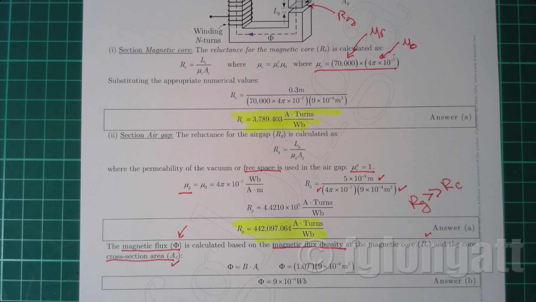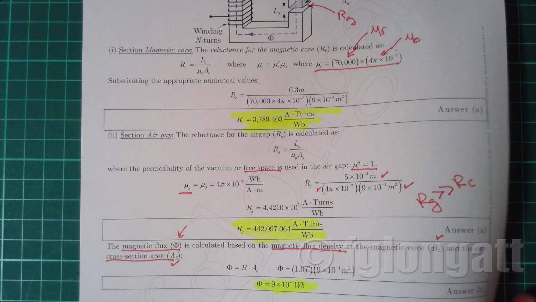So to calculate the magnetic flux, we basically use this relationship: the flux is equal to the magnitude of the magnetic flux density multiplied by the cross-section area. And when we put the numbers together, we have the numerical result, 9 exponent minus 4, and that is the Webers inside this magnetic circuit, okay?